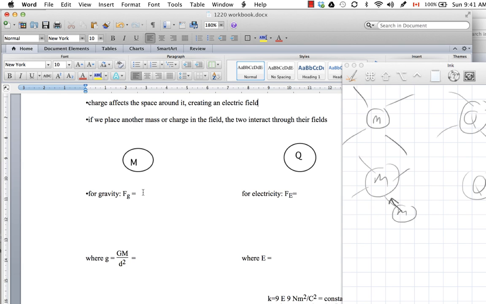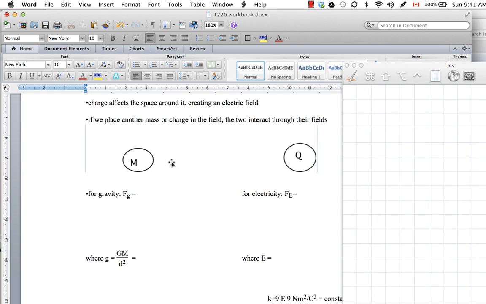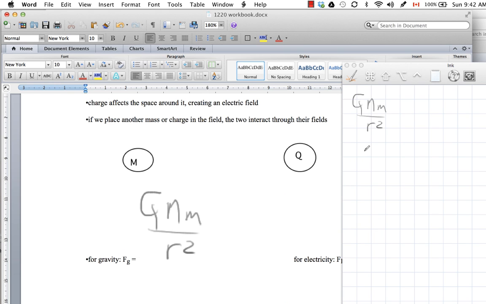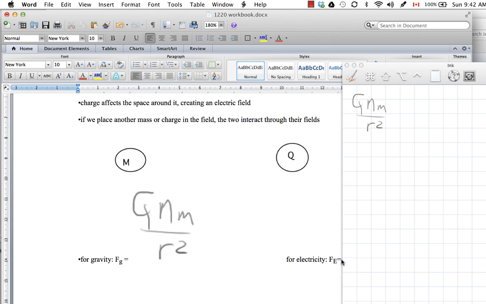Now, we know that the gravitational force is given by an inverse square law. And likewise, the electric force is also given by an inverse square law, which is Coulomb's law.